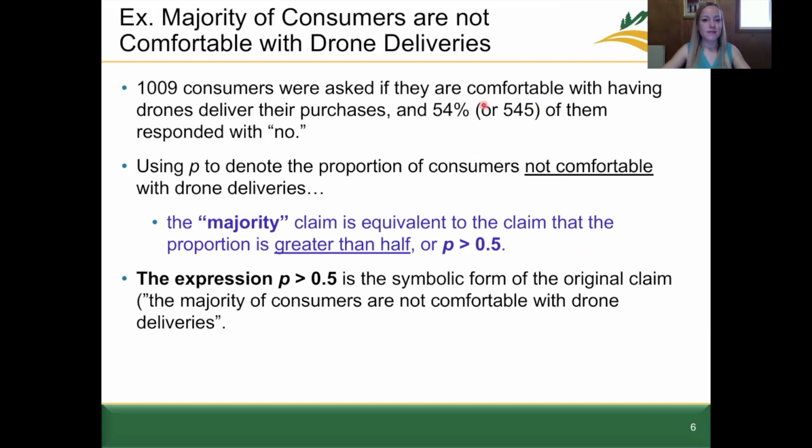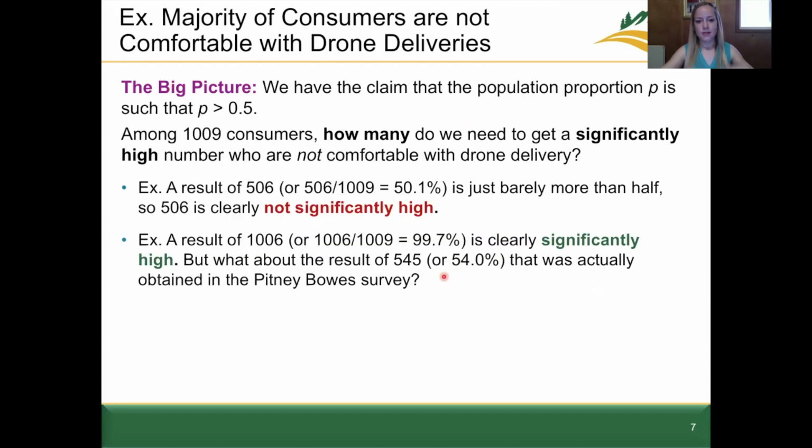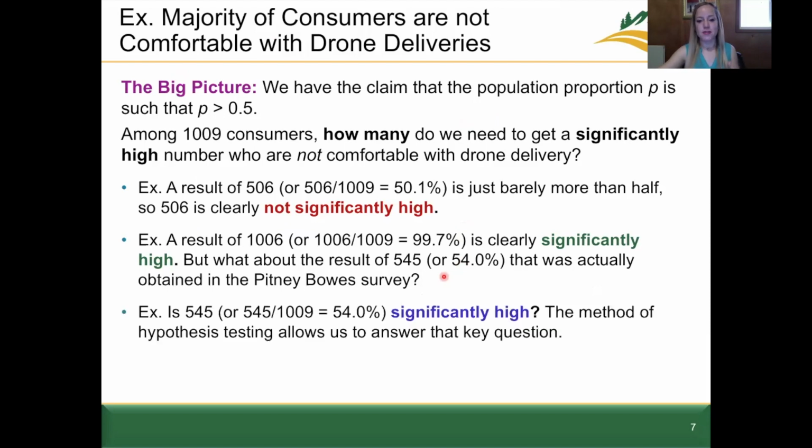We could have also figured out 54% by taking 545, the number of consumers we're interested in, divided by 1,009, multiplied by 100. So for our specific example, we're really asking, is 545 consumers a significantly high number of consumers?